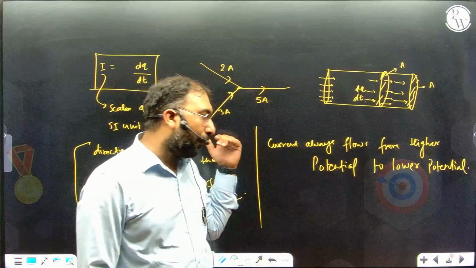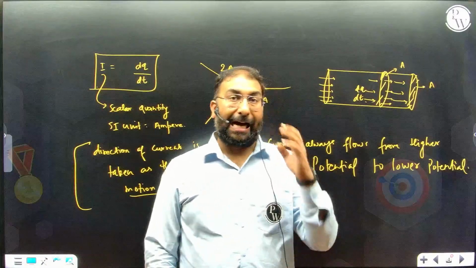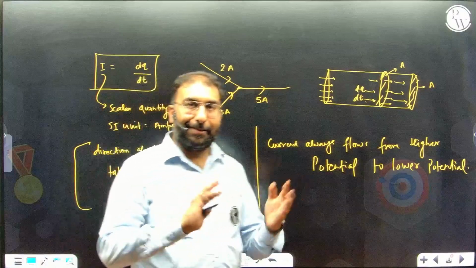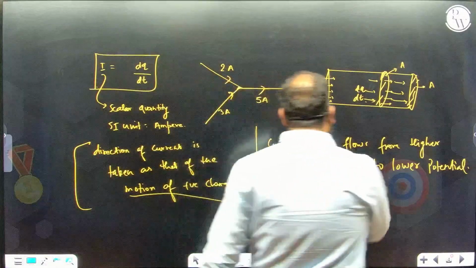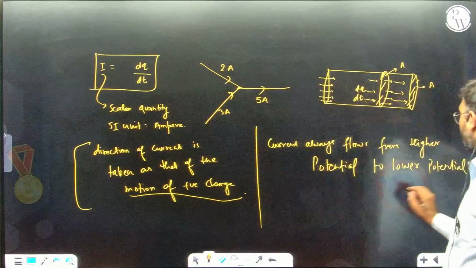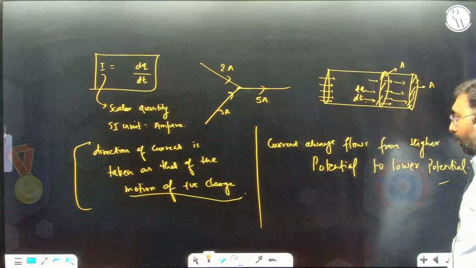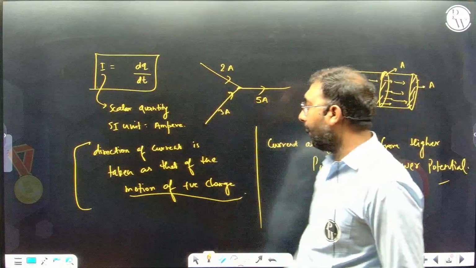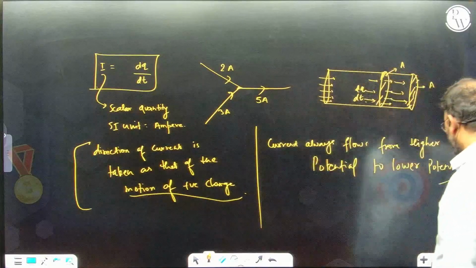In case of heat energy, the heat current flows from high temperature to low temperature. Okay, so the things are very similar in physics. So current flows from higher potential to lower potential. This is one idea. So we have understood that current flows from higher potential to lower potential. It is defined as dq by dt. Direction of current is taken as the motion of the positive charge.